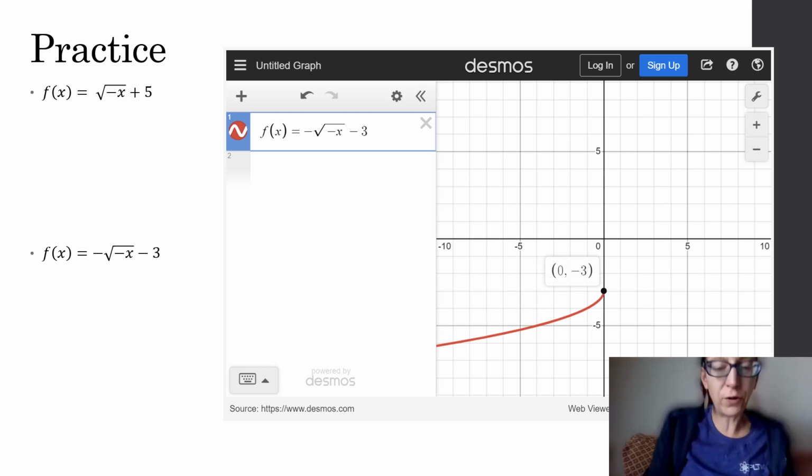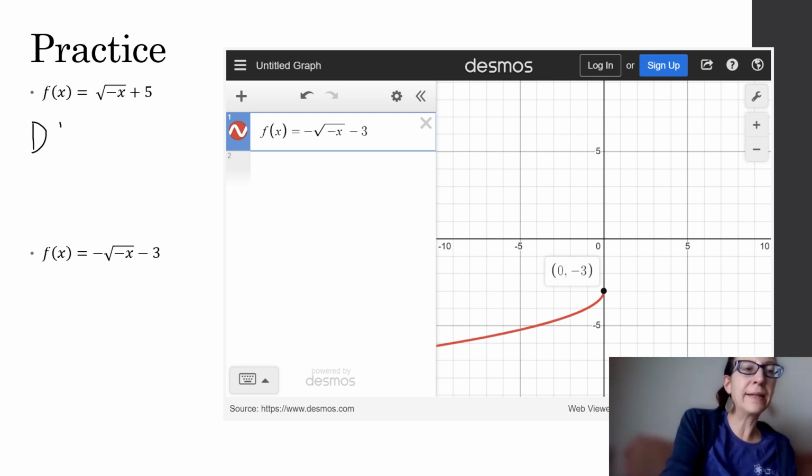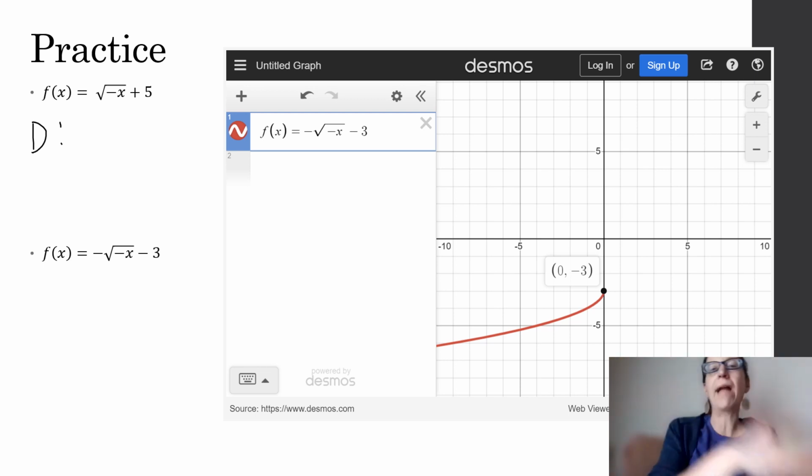All right, let's get that first one on there. Okay, so looking at this first one, my x's this time are going to the left, because of the flip I have on there.